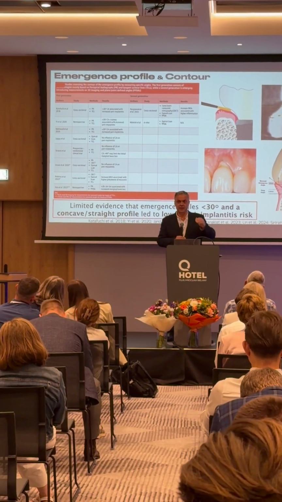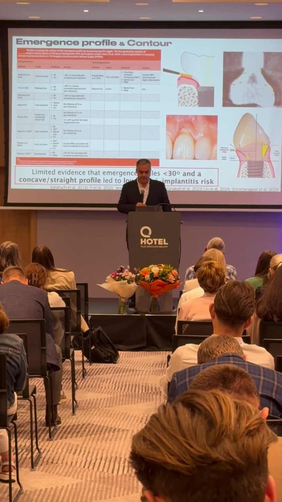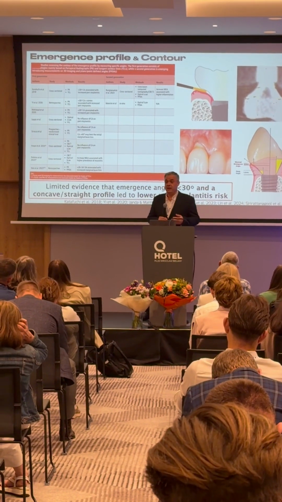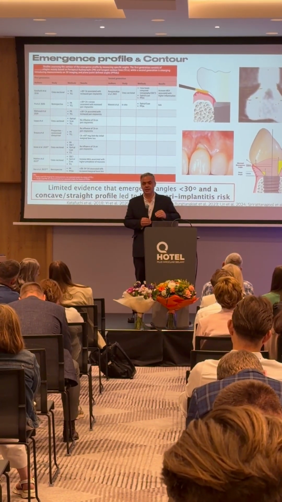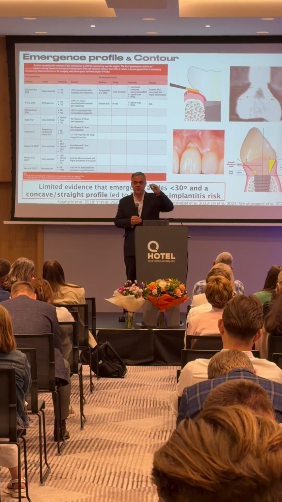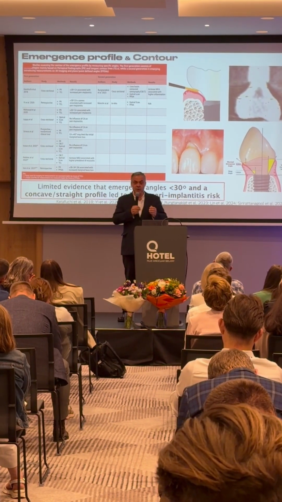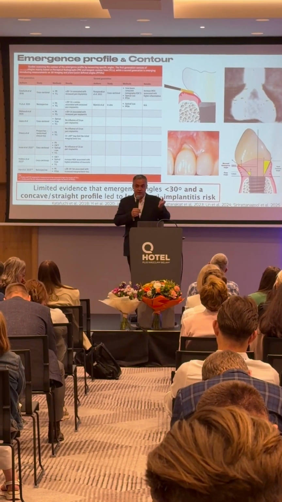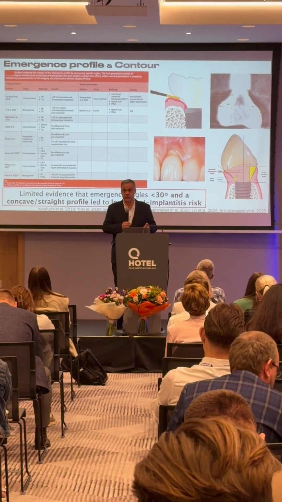I think you know the concept of the subcritical and critical area. For example, if we have an implant that is placed too superficial, you'll have a wide angle, you'll have an overhang that will increase plaque accumulation.